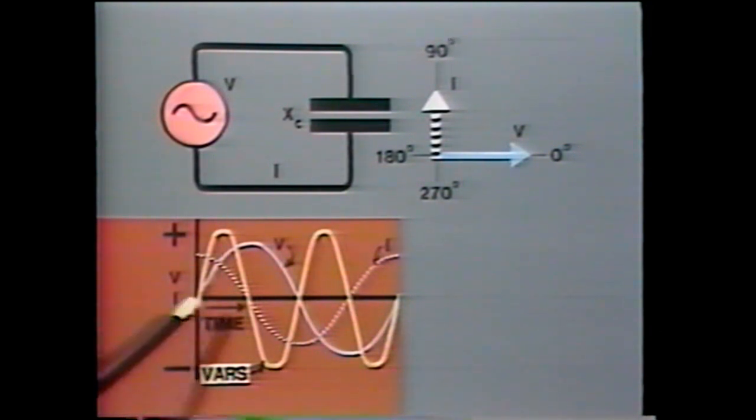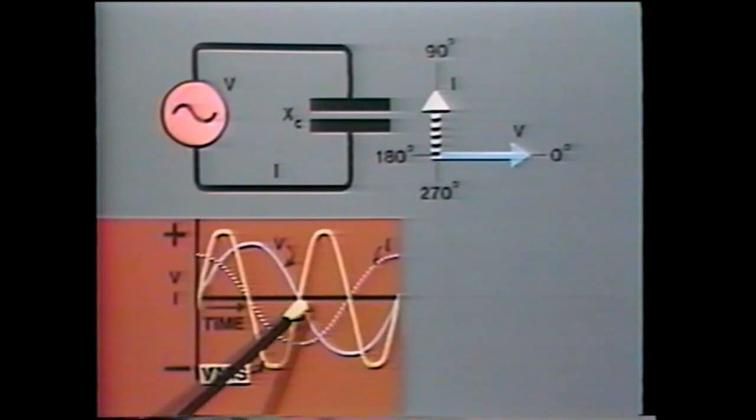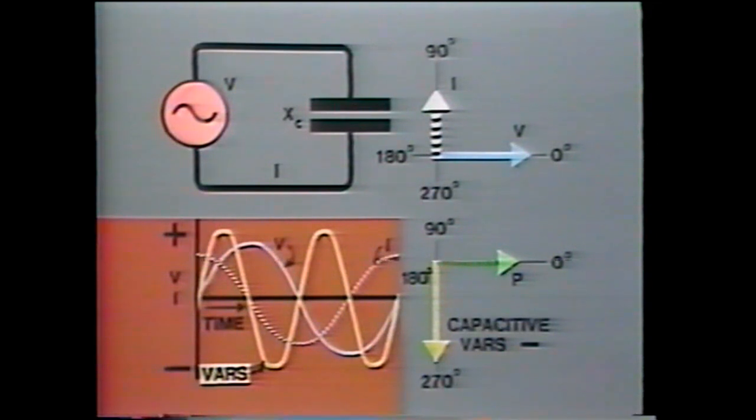Capacitive VARS are in the opposite direction to inductive VARS. This is because the current is leading instead of lagging. Capacitive VARS are represented on the vector diagram at an angle of minus 90 degrees to real power. And by convention, these are given the negative sign and called negative VARS.